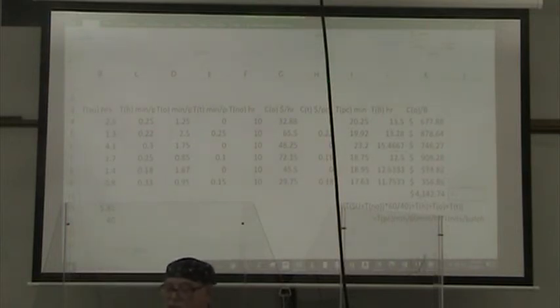Here, I'll divide the 4142.74 by the batch size, and I will insert another column, which will be cost per part.